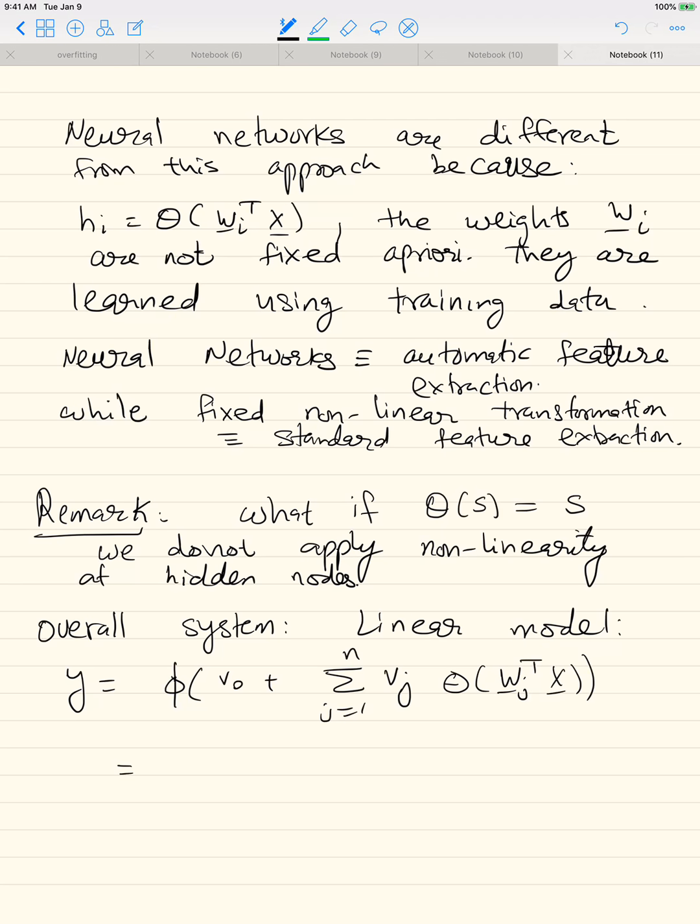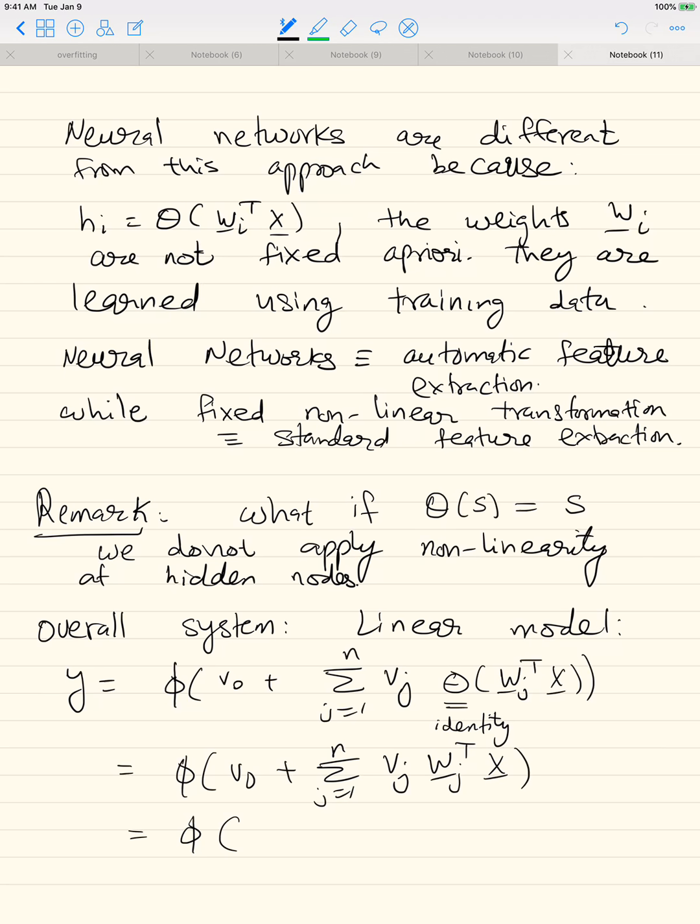Now if theta is an identity function, this is just phi of V0 plus summation of j going from 1 to n Vj Wj transpose times x.